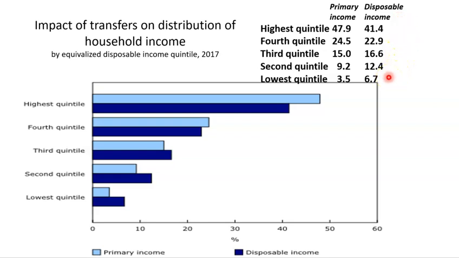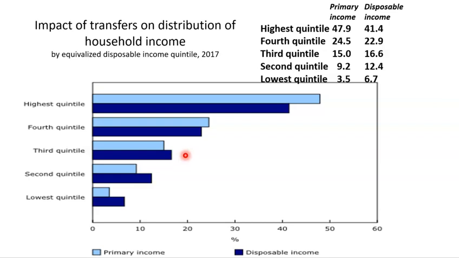Well, if we look at the shares of disposable income that each fifth of the population has, you can see that after the tax and transfer system has done its work, that has significantly increased the share of income that the lowest fifth has. And it's also increased the share that the second fifth has as well, and the same for the third group.